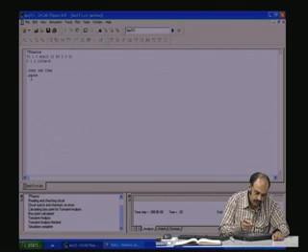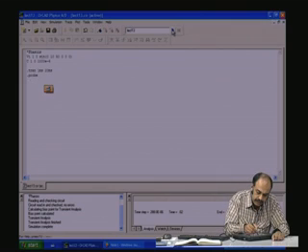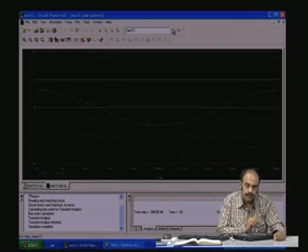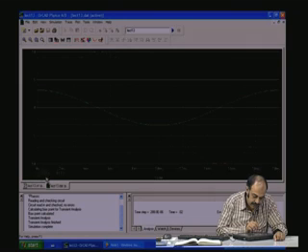So, let us simulate this circuit in SPICE. On simulating, you see the IC and the voltage across this one.